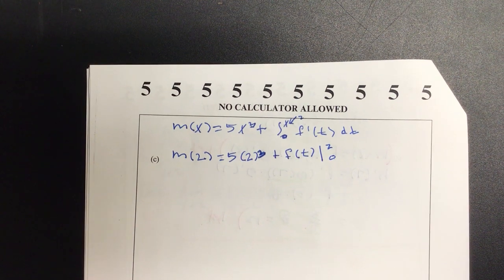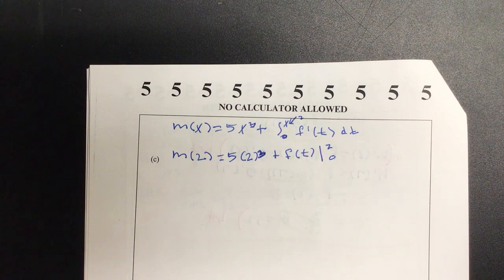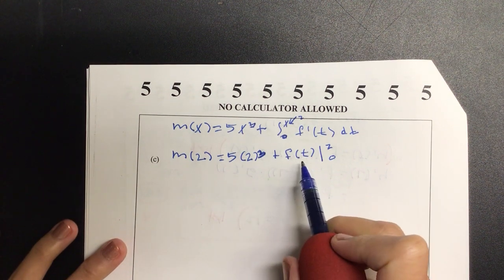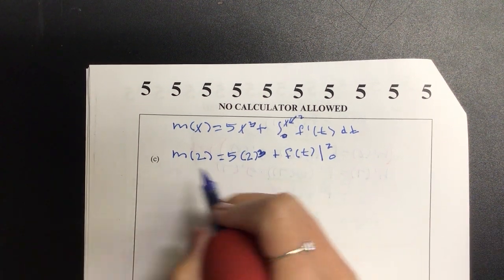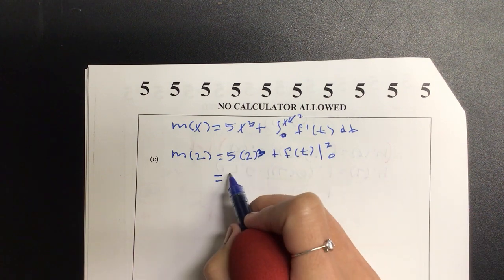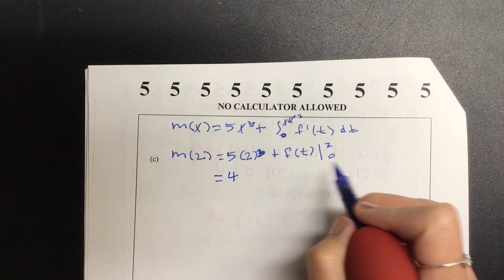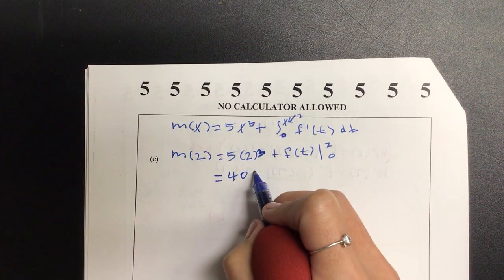So here's the idea on this one. When I integrate and I derive, aren't they opposites of each other? Integrate and deriving are opposite. They cancel. That's why f of t is by itself now. So then when I further plug in, that will be 5 times 8, right? Silly me.